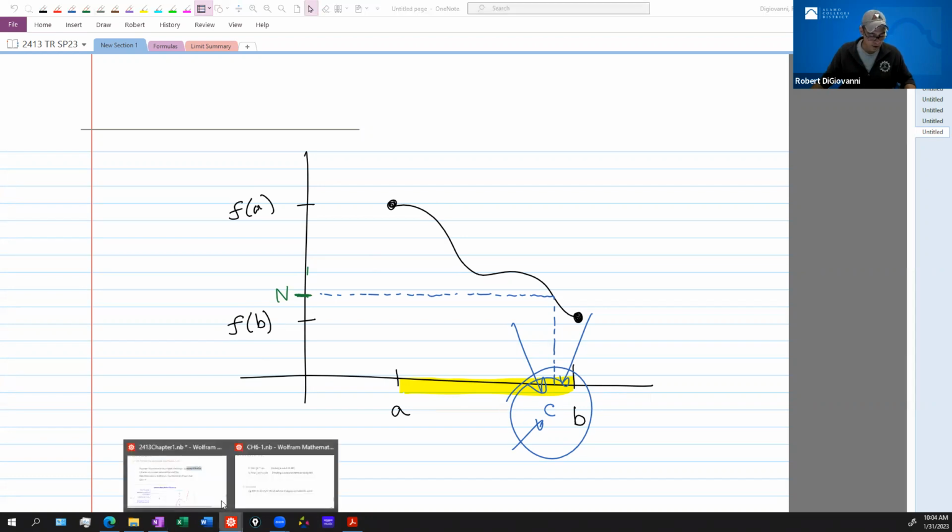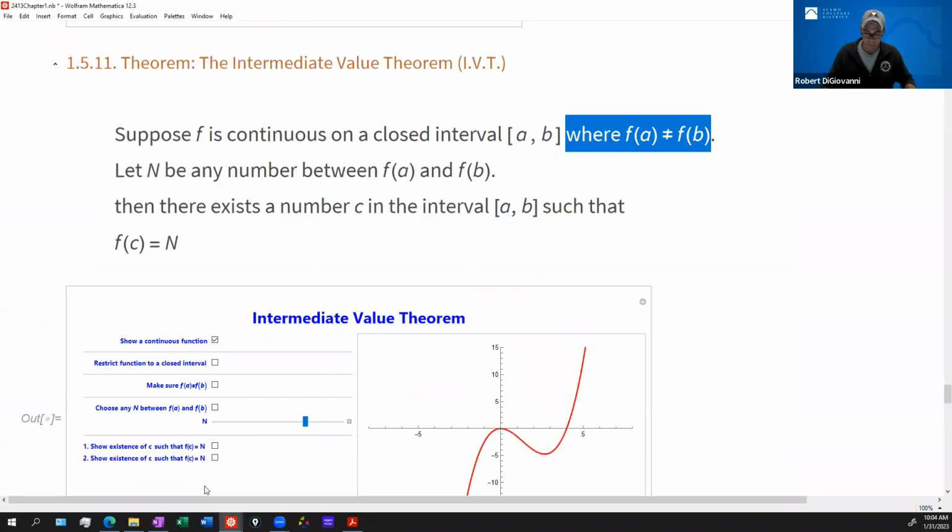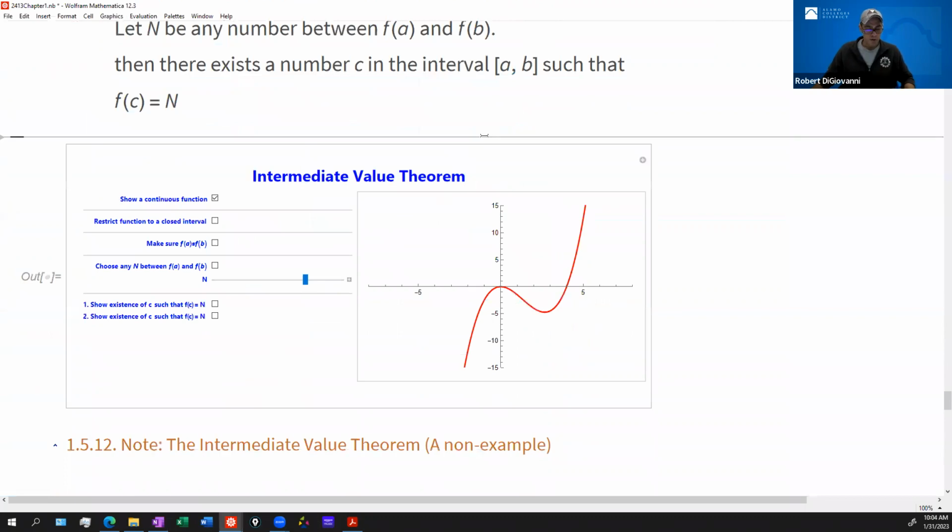Now I have more animations to show you. Here we're going to take this continuous function on this closed interval. We make sure these two endpoints aren't the same. Now I'm going to pick a value of n somewhere between, right there.